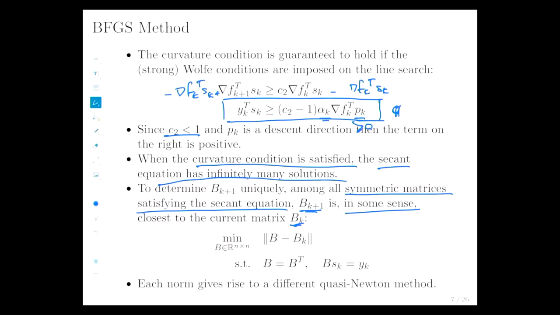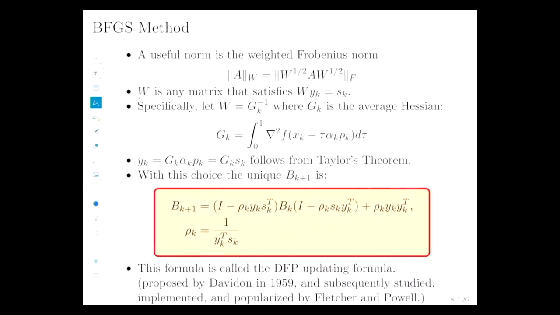That's the underlying message in the Broyden class of quasi-Newton methods. There are choices of norms that make our lives very easy. So that's the useful norm that we hope to see. It's called the weighted Frobenius norm.